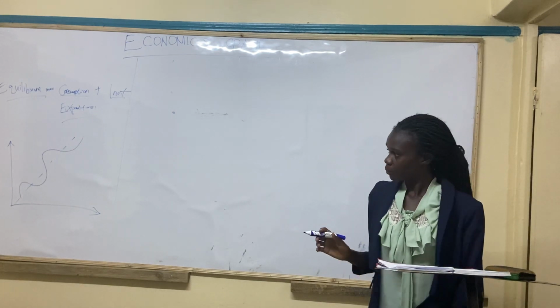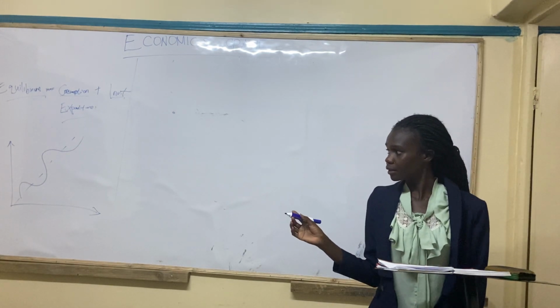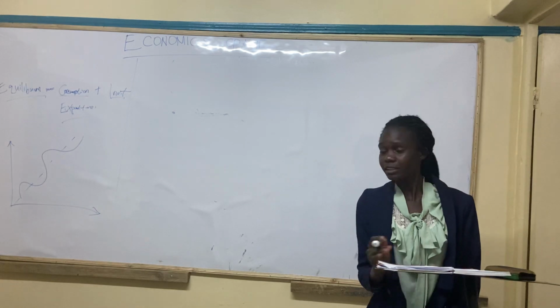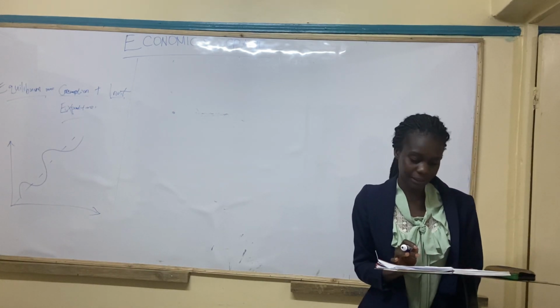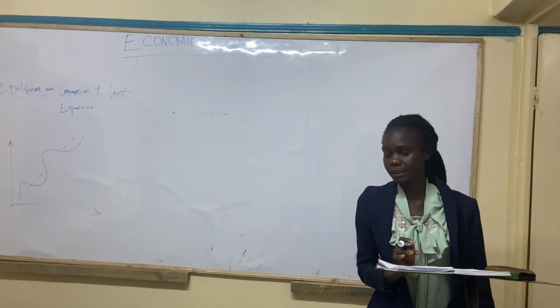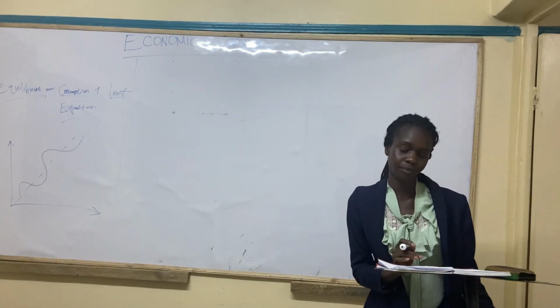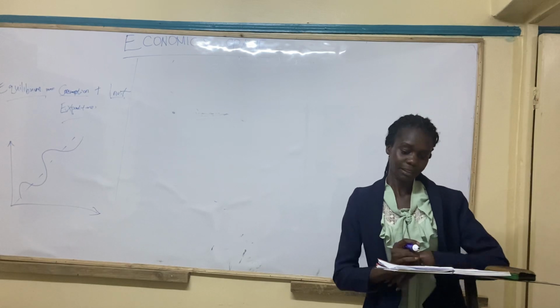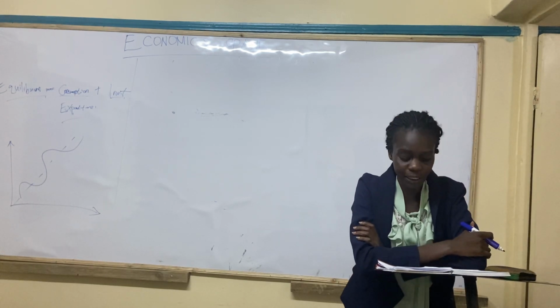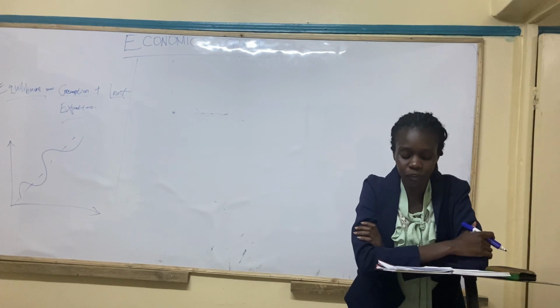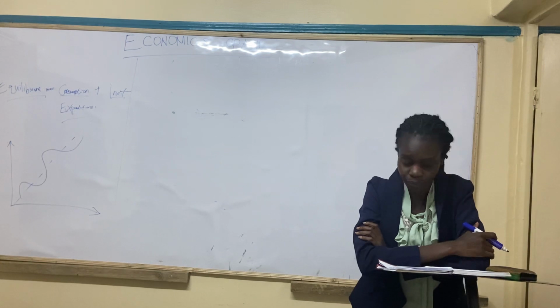So we are going to highlight what causes fluctuation of income and business. The first one is taxation. The second one is interest rates. The third one is future expectation of changes in output and change in wages.